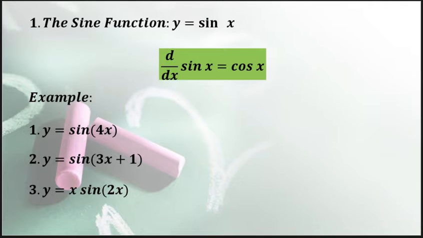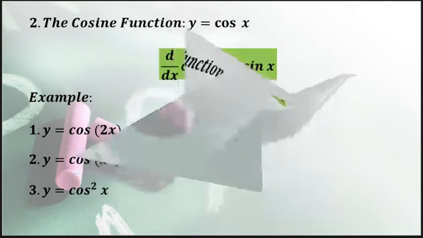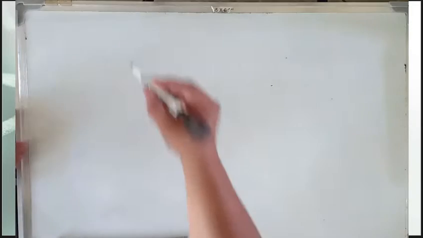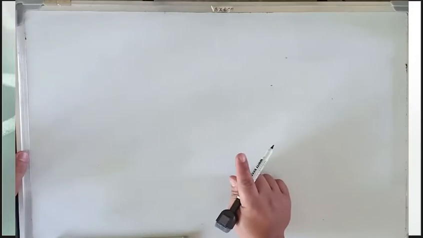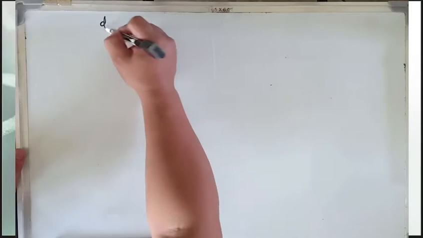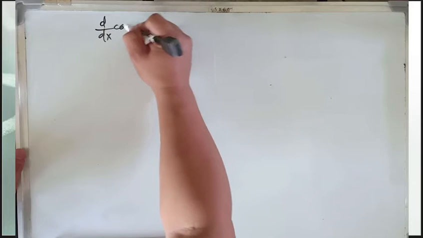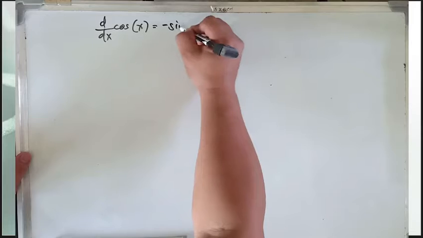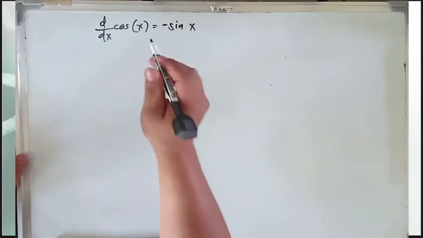Now let's proceed to the second trigonometric function. We call this one the cosine function. And by rule, the derivative of cosine of x is equal to negative sine of x times the derivative of the angle. So, let's rewrite that one. The derivative of cosine x is equal to negative sine of x.